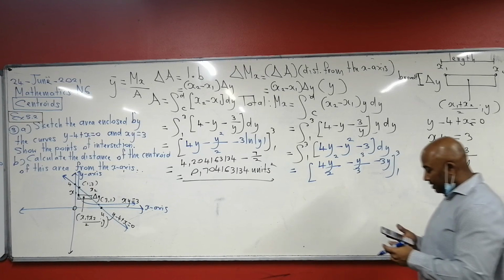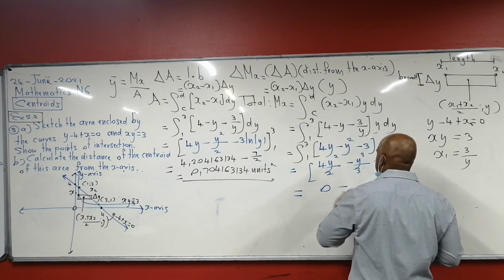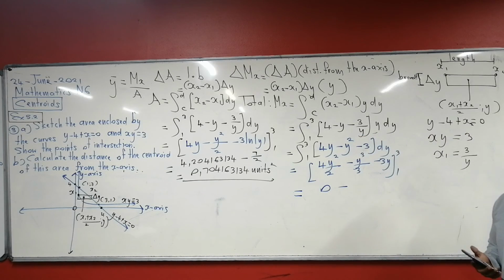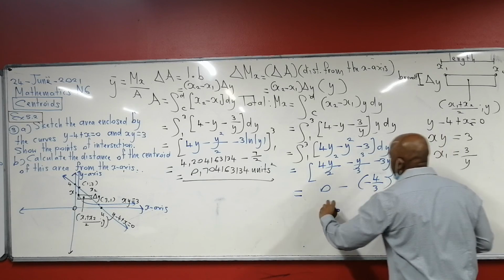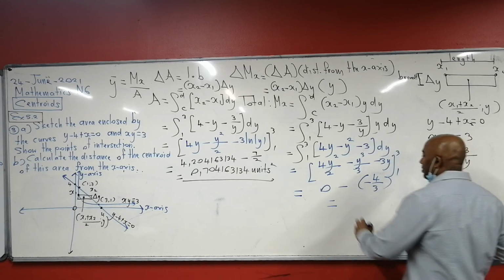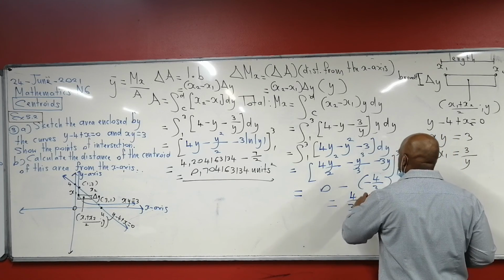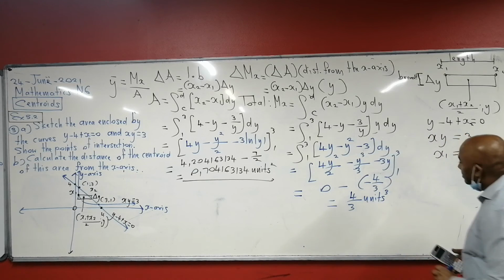Substitute 3 first. I get 0. Okay. Substitute 1. I get minus 4 over 3. So a minus times a minus will give me a positive 4 over 3 units to the power 3.